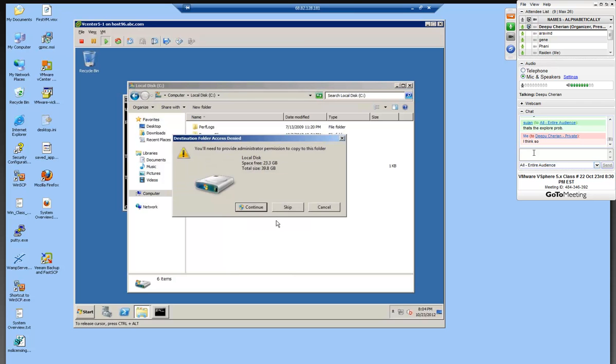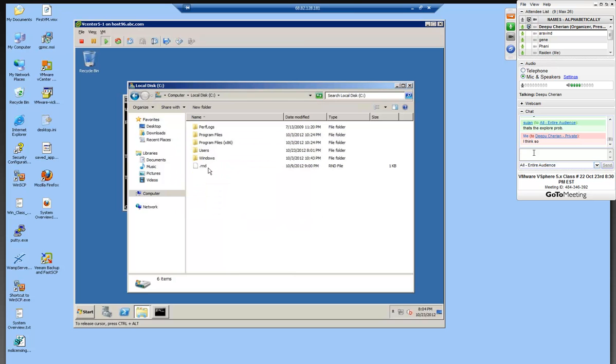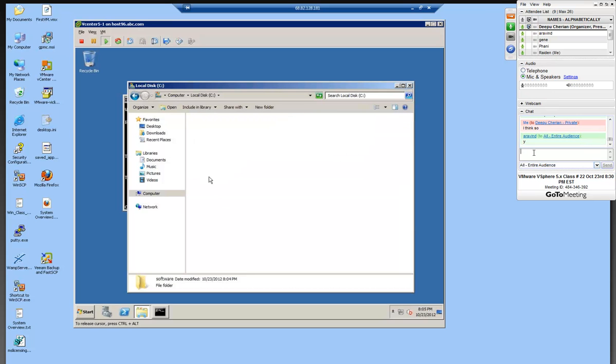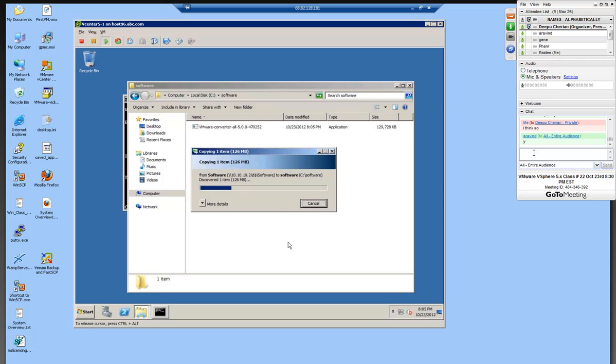Are you all understanding what I'm trying to do here? I'm trying to copy it and we're going to install the vConverter on this box.